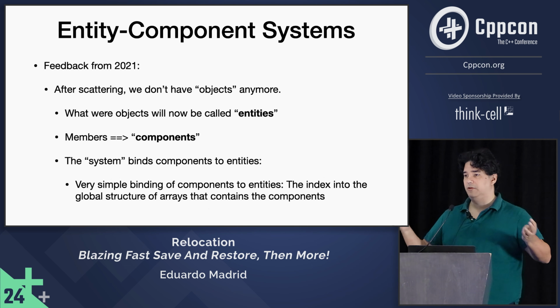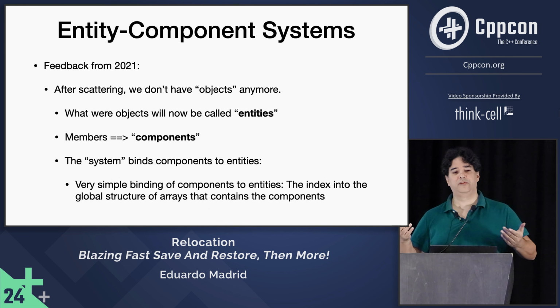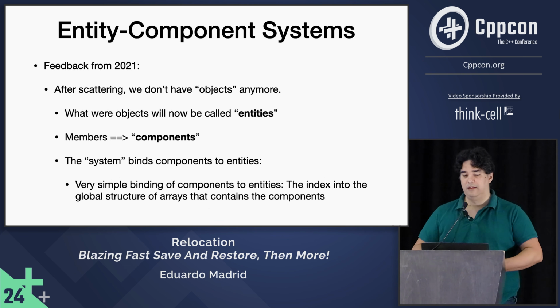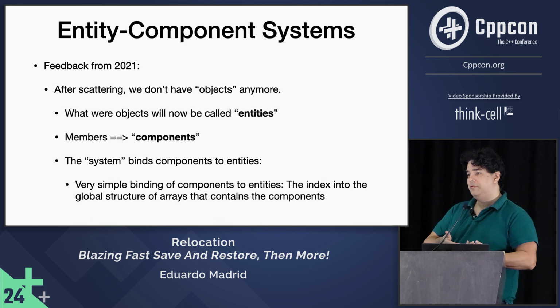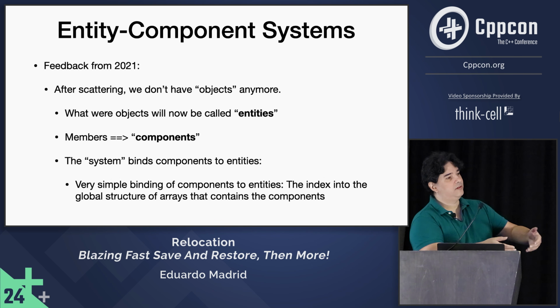So we had to refer to the things in a different way. So let's use the word entities. And what used to be members of the objects are now components of an entity.